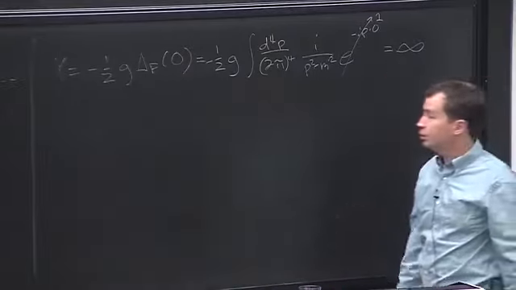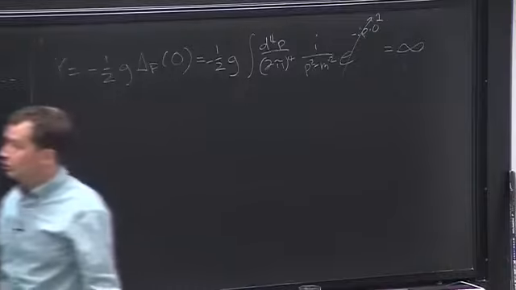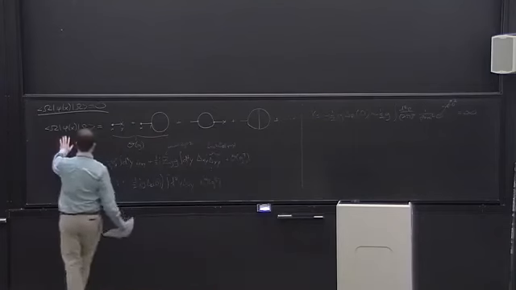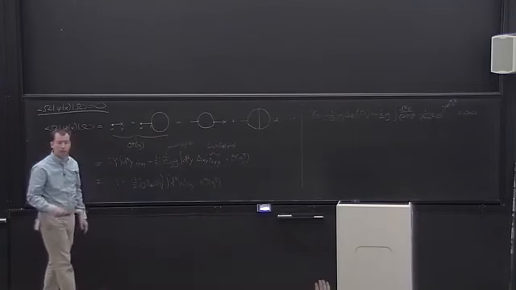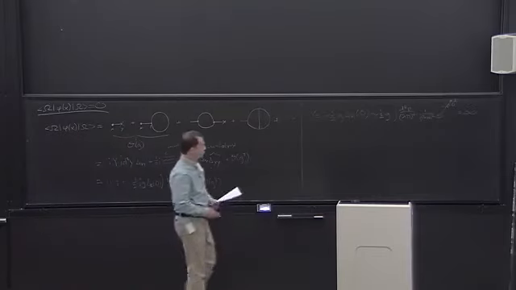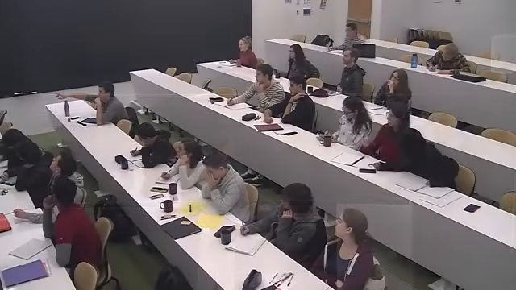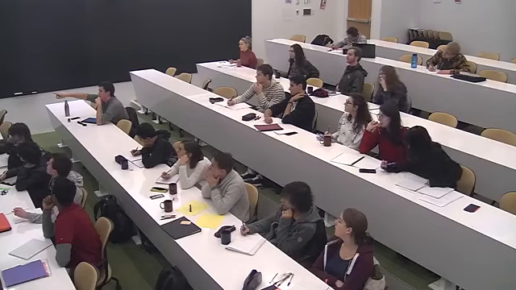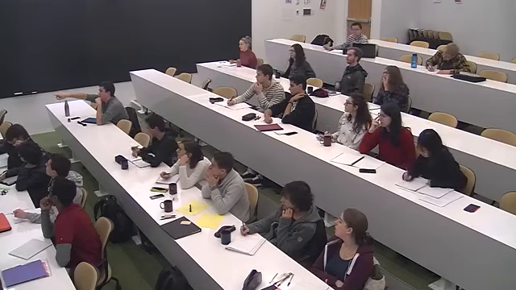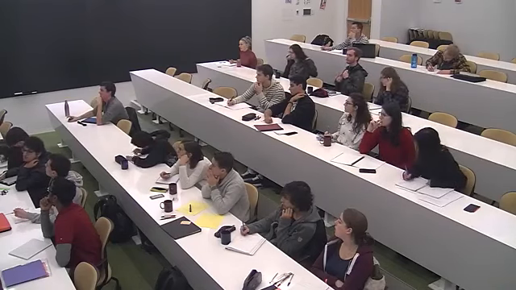Okay, so we can set this to 0 as long. Sorry. Should this be O of g cubed on the left-hand side? And when you write out the diagrams, have you written out the first order? First order?